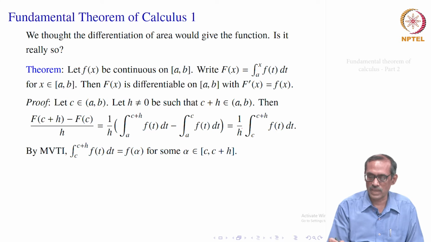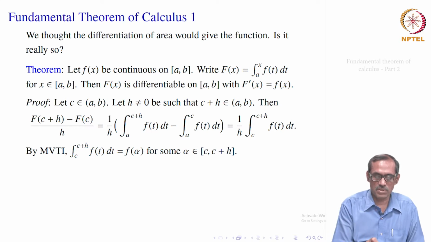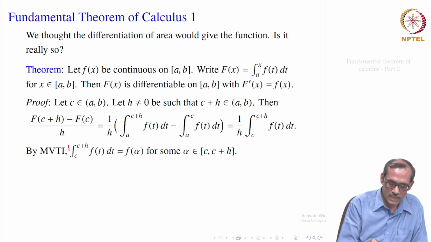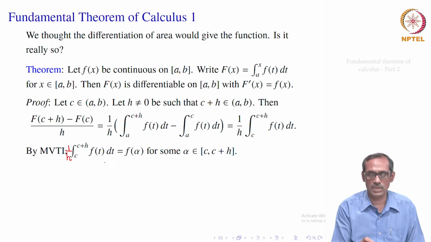The interval length is c plus h minus c, that is h. So, applying the mean value theorem for integrals, 1 by h times the integral c to c plus h f t dt equals f of alpha for some alpha in c to c plus h.